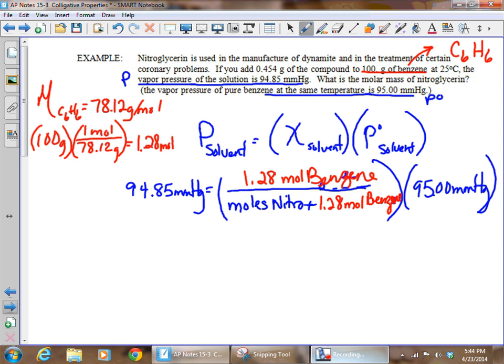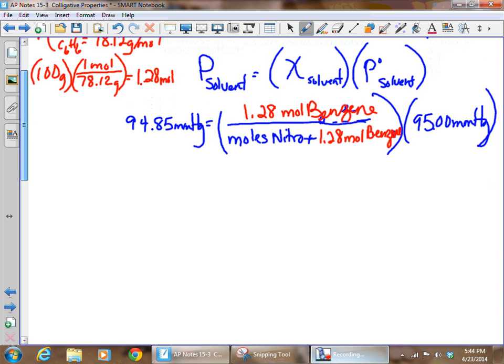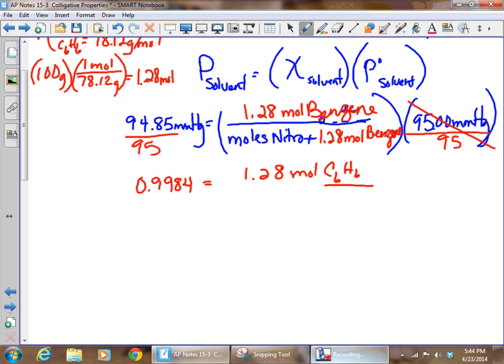It becomes just simply a math problem. So first of all, let's divide both sides by 95.00, and it's going to reduce to 1 on this side. We end up with 0.9984 is equal to 1.28 moles of benzene, C6H6, over the moles of nitro plus 1.28 moles of benzene again on the bottom.